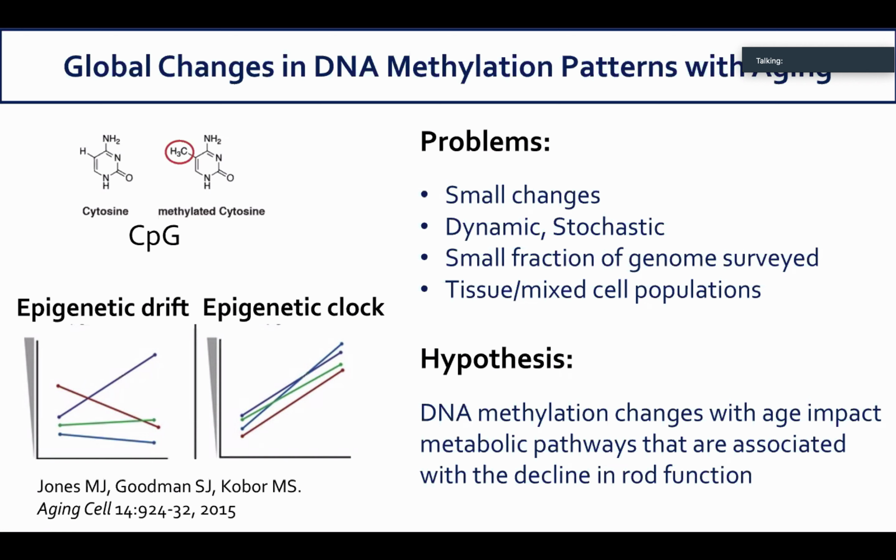So we set up this hypothesis that maybe DNA methylation changes that happen with age are going to impact metabolic pathways, which in turn are going to lead to declining rod function. And we began to look at this in a more systematic and orderly fashion, and much of the work in the next few slides was the work of a talented postdoc in the lab, Jimena Corso-Diaz, who just recently got a K99, so I was pretty happy with that.